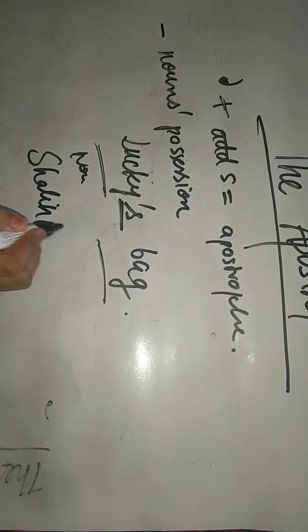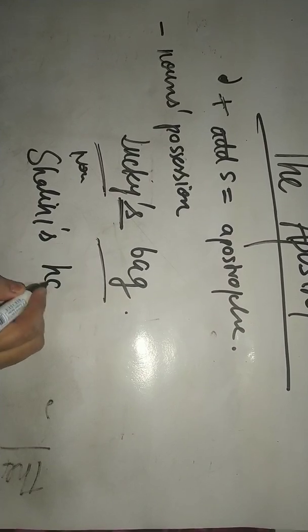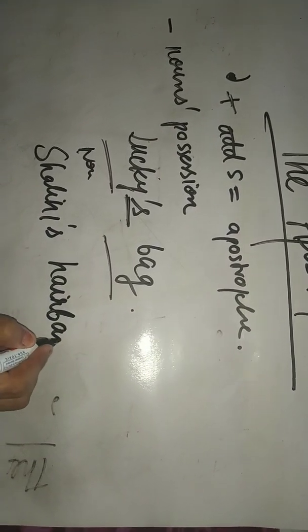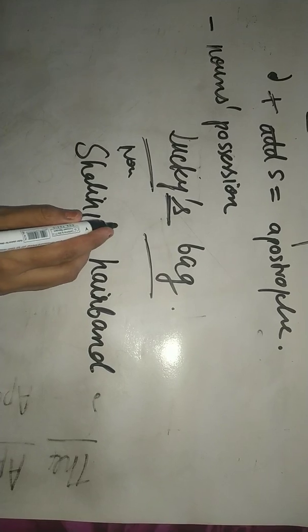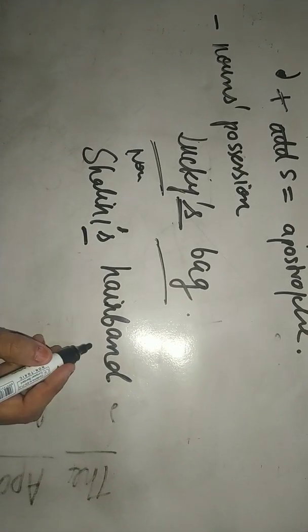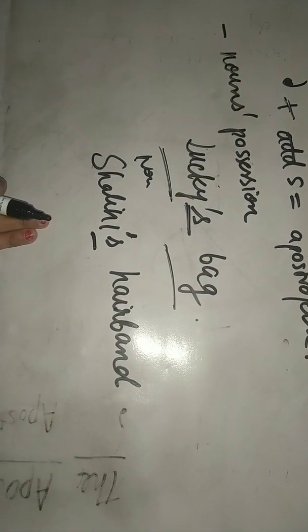Shalini's hairband, here apostrophe added with s shows that the hairband belongs to Shalini. Okay, so this was the first point, it shows noun's possession.